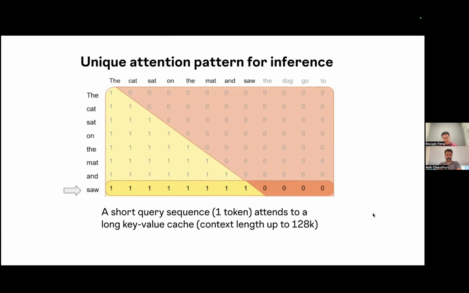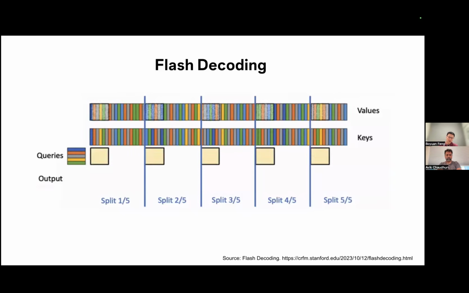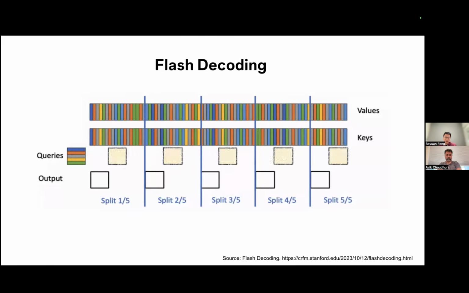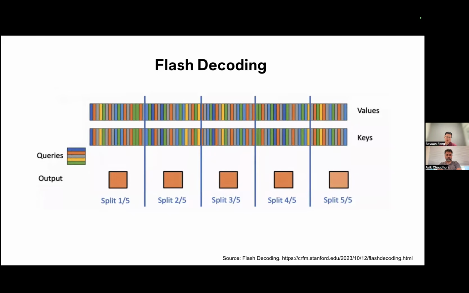So then, what's the issue here? Because there is only a single query token, we can no longer do the parallel along the query side, right? But the KV length is super long, so there is a potential parallelism opportunity. That's why we have seen flash decoding. Here we have an example.